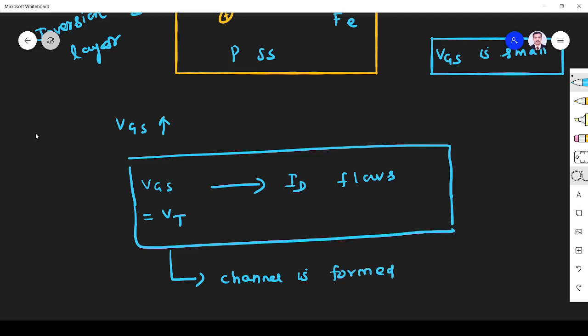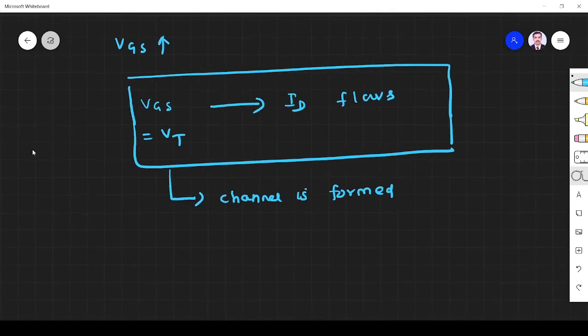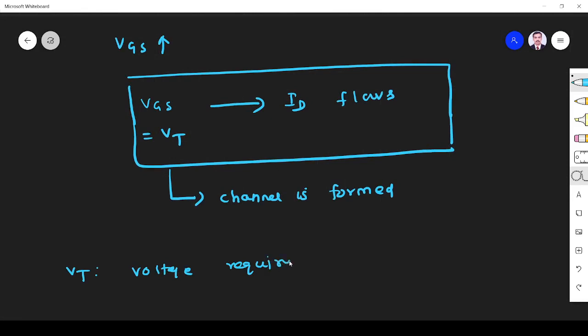That voltage is called the threshold voltage. It is the voltage required to create the inversion charge. That's what we are saying.